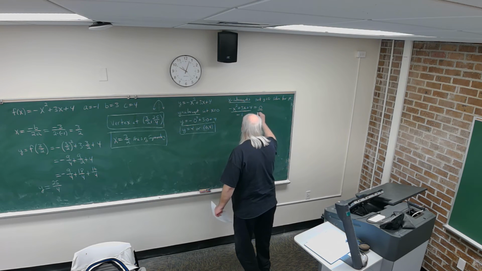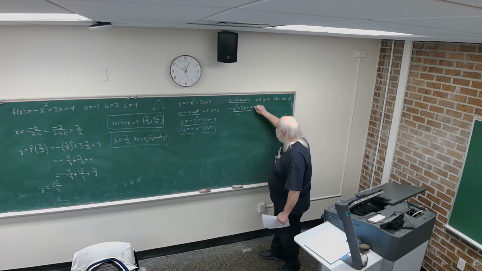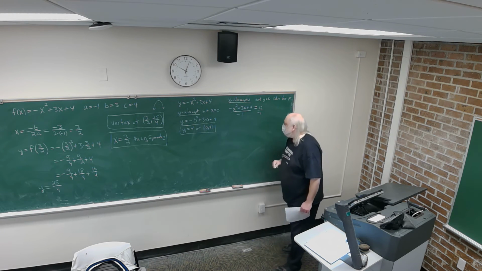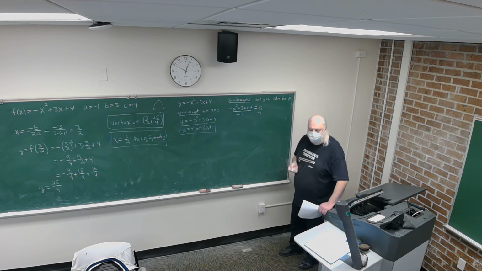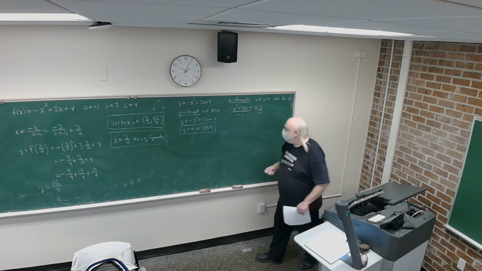both sides of this equation by -1 to create an equivalent equation. And when I divide the left-hand side by -1, the sign of each of these coefficients changes.